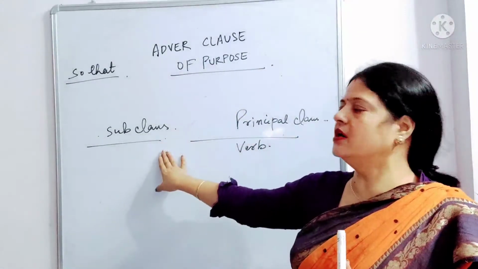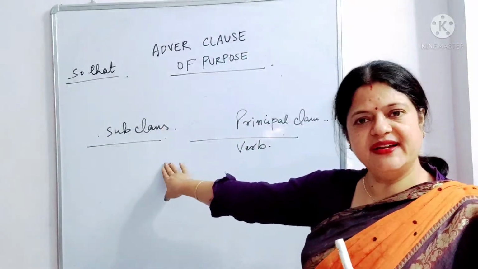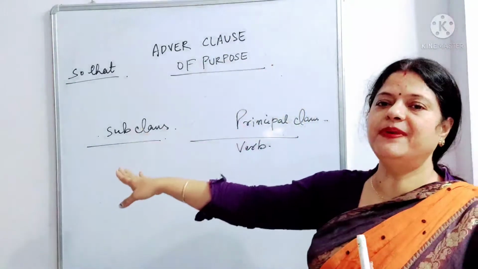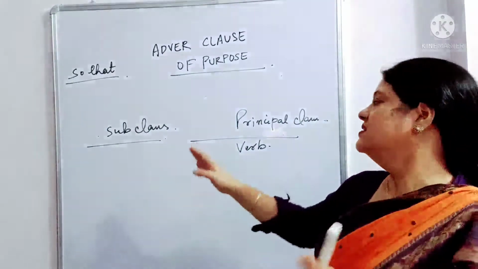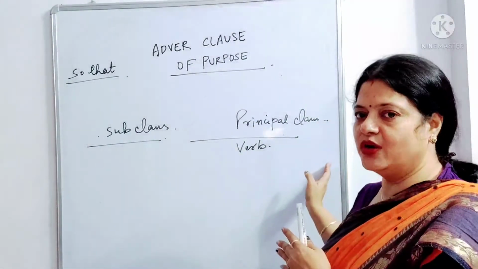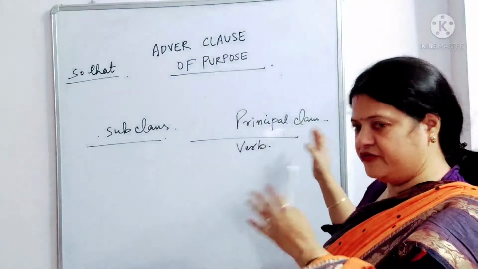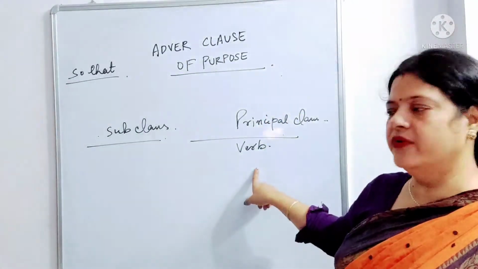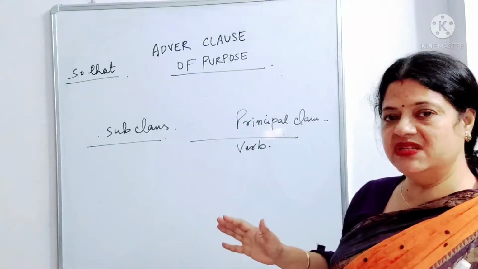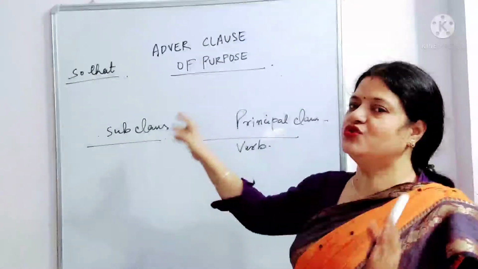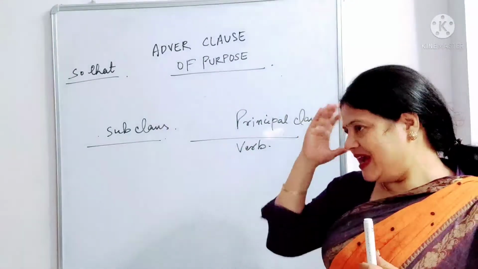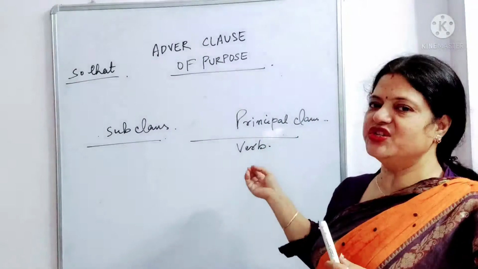This clause can come in the starting of a sentence or at the end of a sentence. Sometimes we put the principal clause at the beginning of a sentence, sometimes we put the subordinate clause after it. Okay. So the principal clause has a verb which has a purpose. The subordinate clause shows, or defines, that purpose. So it can be clear to you if I write an example.